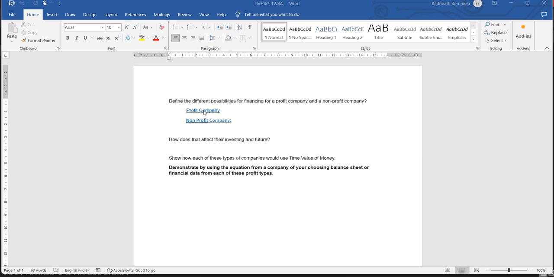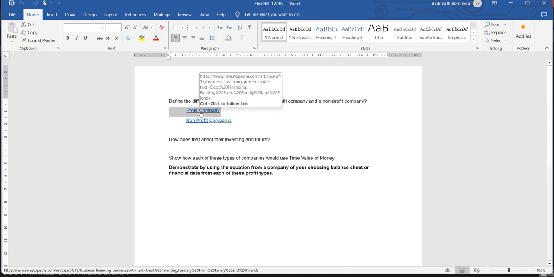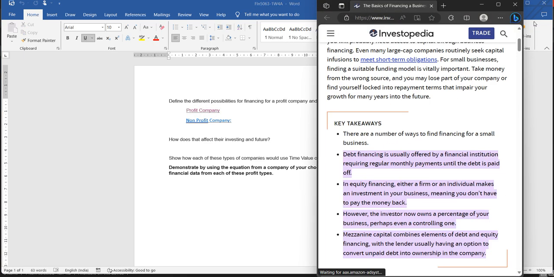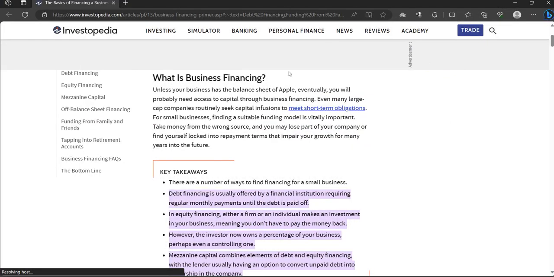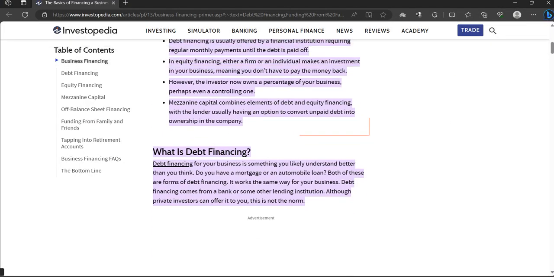So come on to this private profit company link. Press control and click on the link so that it takes you to a window like this. Now you can see different financing options for the business.